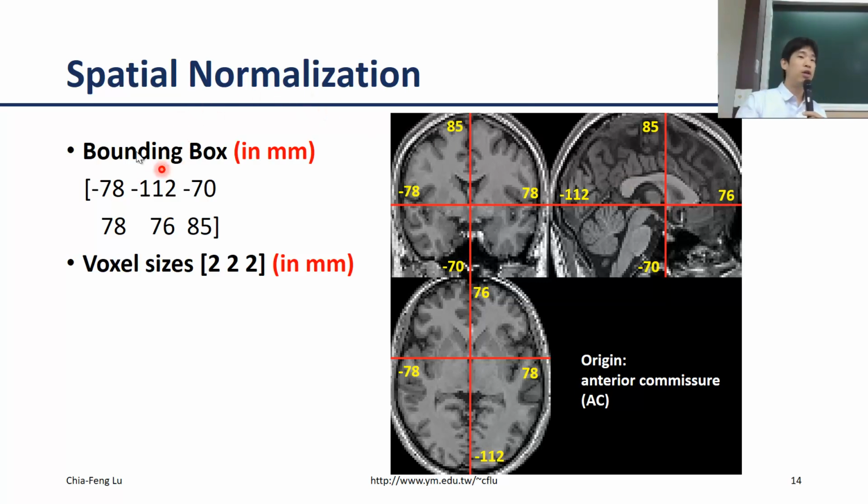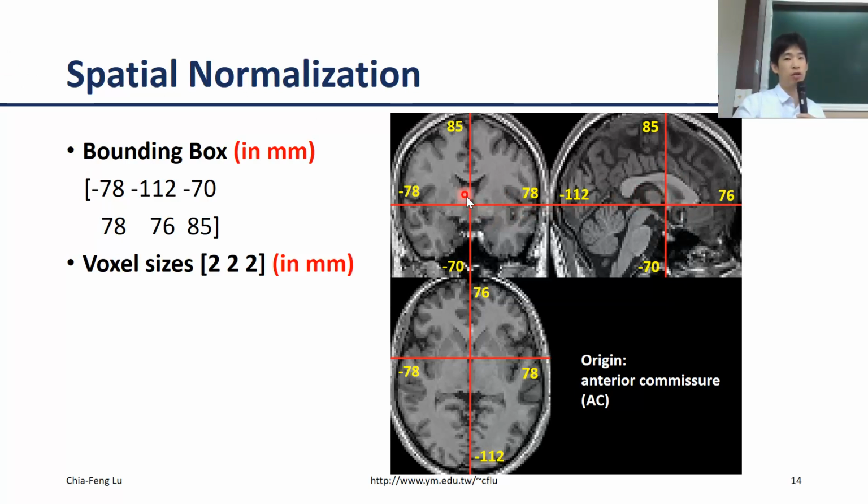And now you can see the bounding box is a matrix with a size of 2 by 3, two rows and three columns. The first column is the range of the x-axis. In the image dataset, the x-axis represents the left and right direction. So you can see this is the AC point here.